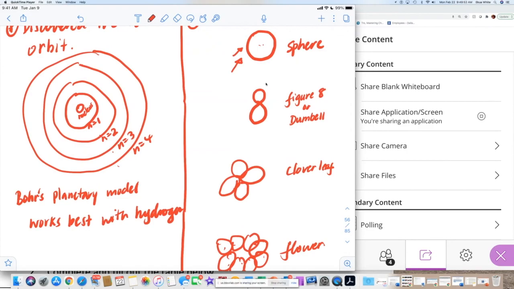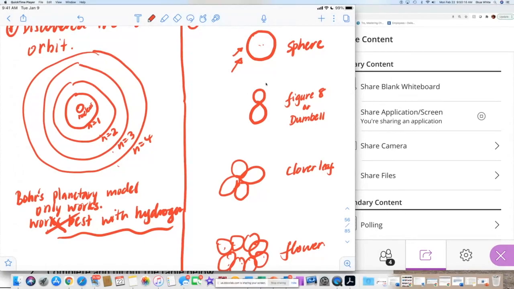So his model, though it has many orbits, only works for hydrogen. So when I say works best, technically it only works with hydrogen. So if you're ever asked what is the limitation, what is the issue with Bohr's planetary model, it is that his model only works for hydrogen.